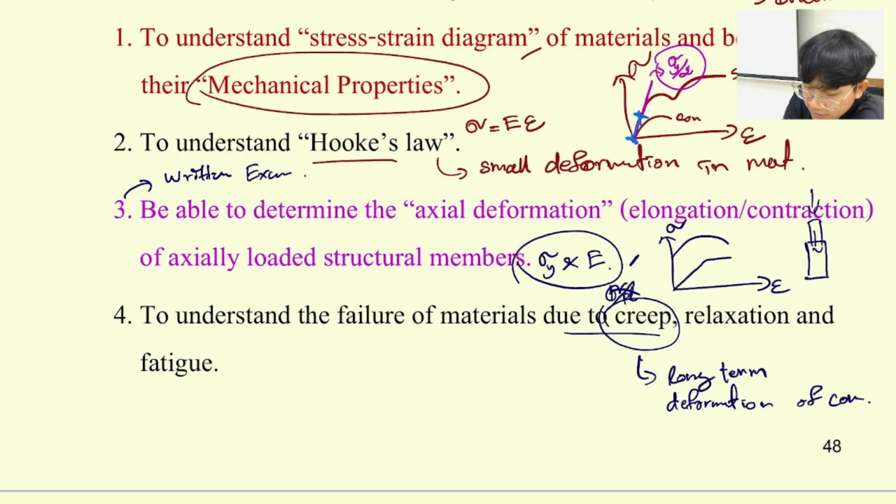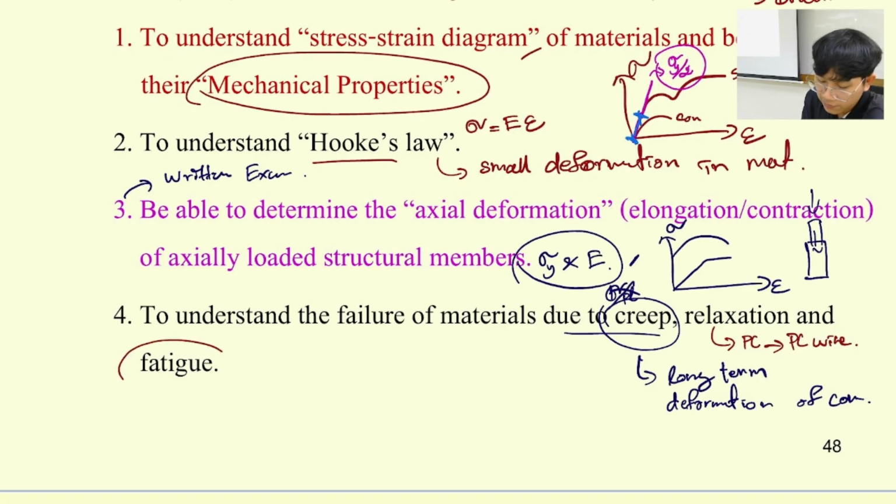And another one is relaxation. Relaxation, as I said last time, we have something called precast concrete, which we call precast wire. So we're going to talk about it later, almost at the end of the slides. I will explain what relaxation is in the tendon or in the PC wires.